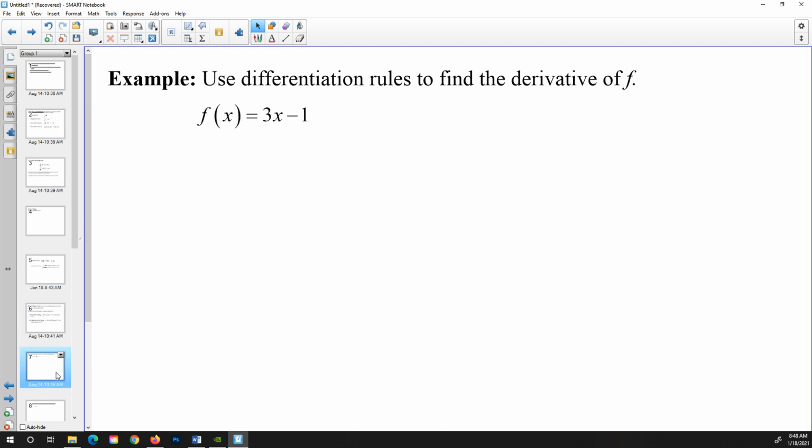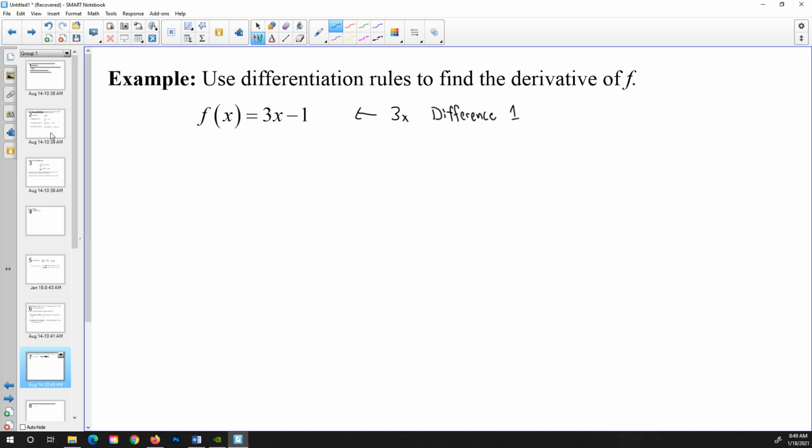So some examples. First, let's use differentiation rules to find the derivative of f. So here we're going to find the derivative of f. And so we have a few things here that we need to take into consideration. First, we have the 3x, and then also we have a difference of the 1.